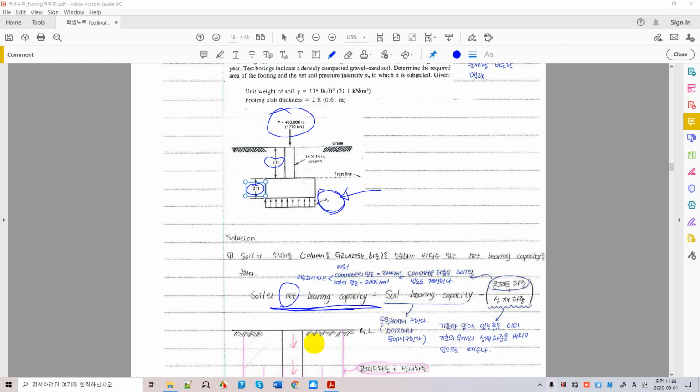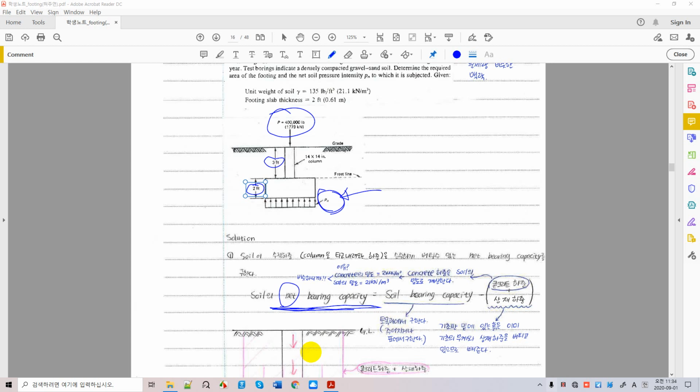You have to do something else to reduce it. If the allowable soil bearing capacity is smaller than the stress caused by the loading, you should do something else to reduce the stress from the loadings. For example, you can extend the size of the foundation to reduce the soil bearing stress coming from the top, or you can use soil compaction to increase the soil bearing capacity.